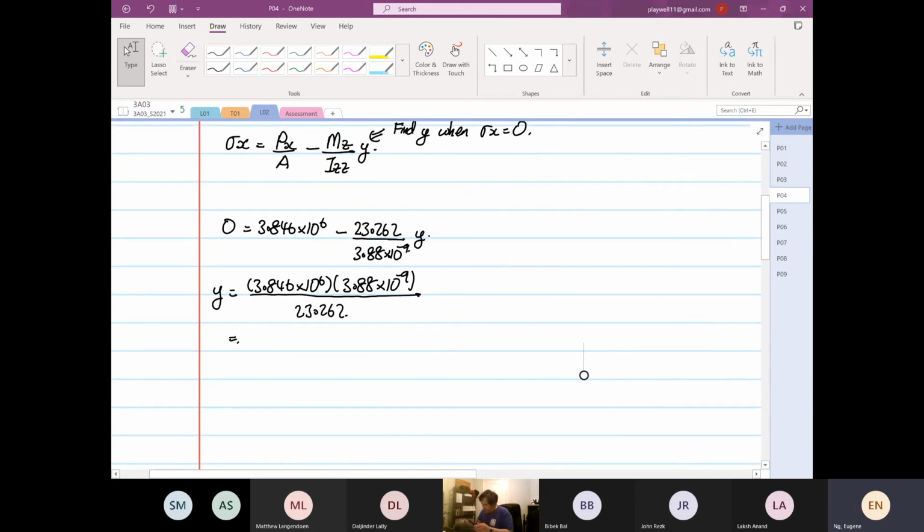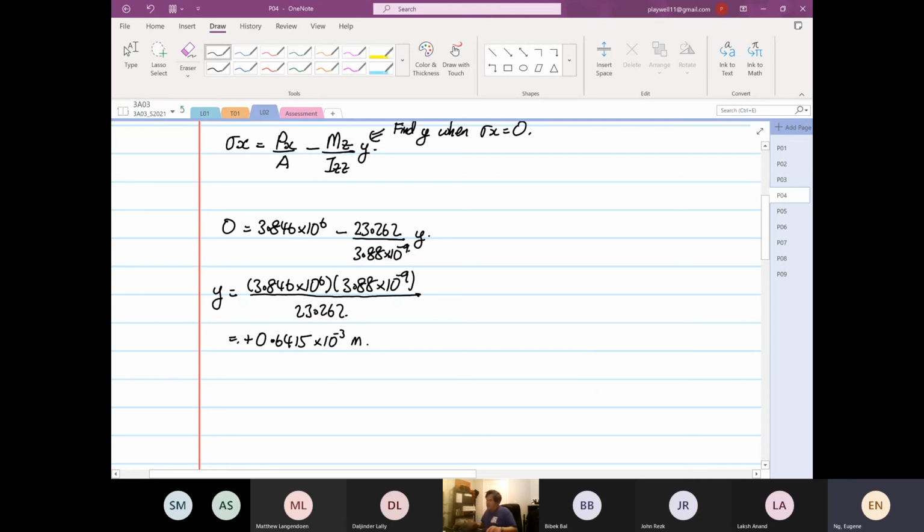So this will be equal to 3.846 power 6 times 3.88 power minus 9 divided by 23.262. I get positive 0.6415 times 10 to the power minus 3 meters.